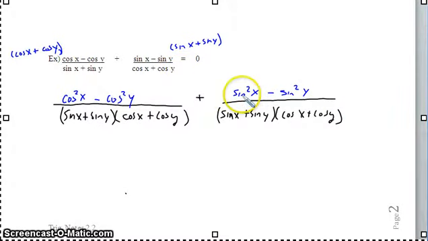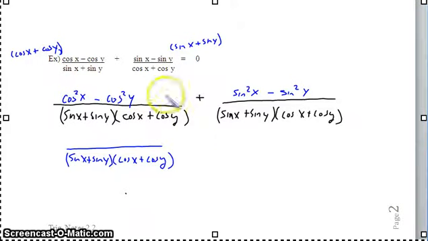So now what I can do is combine this and write it as one denominator. So my denominator is sine x plus sine y, cosine x plus cosine y. Now when I combine these together, the way I'm going to choose to do it is take my x terms, which is this and this, and put them right next to each other.